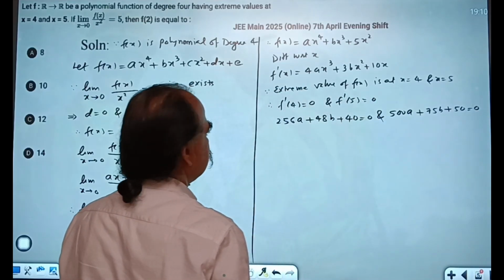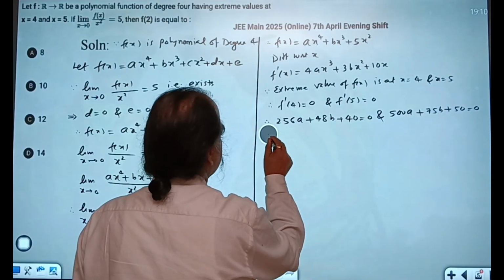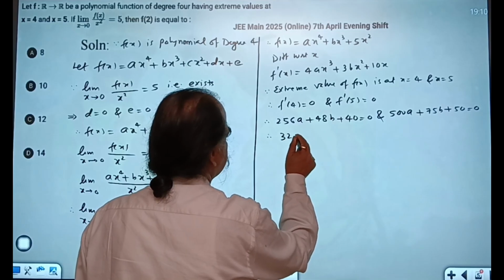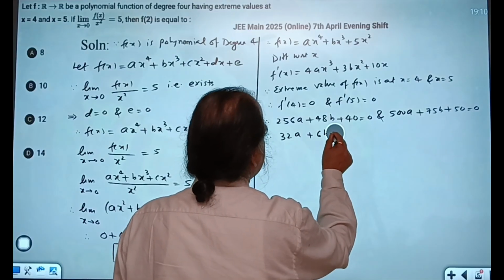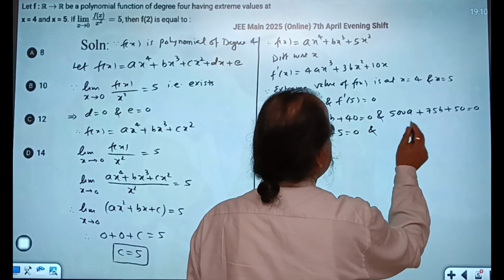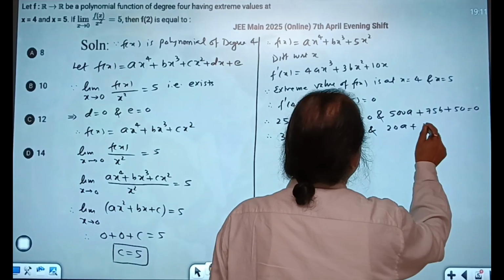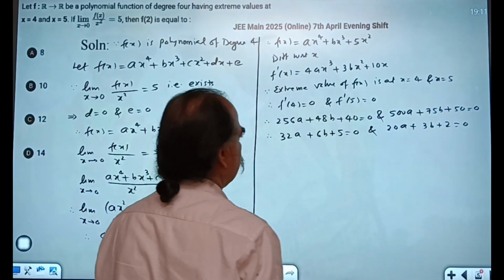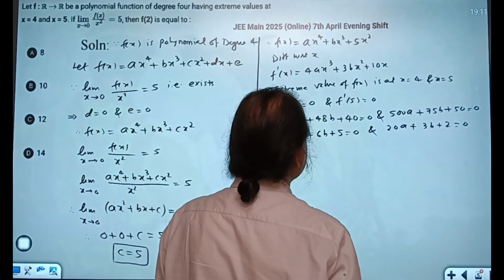So we can divide by 8: 32a plus 6b plus 5 is 0, and here we divide by 25: 20a plus 3b plus 2 is equal to 0.